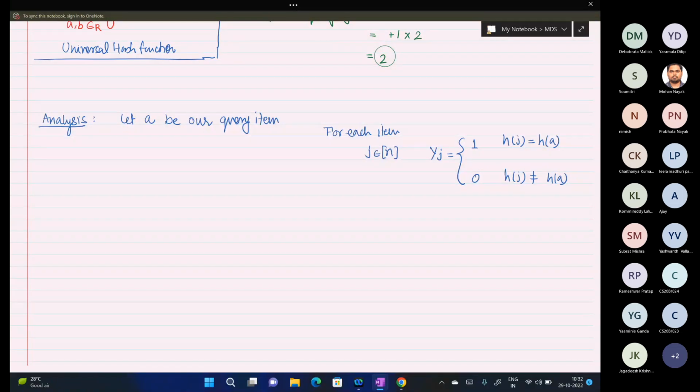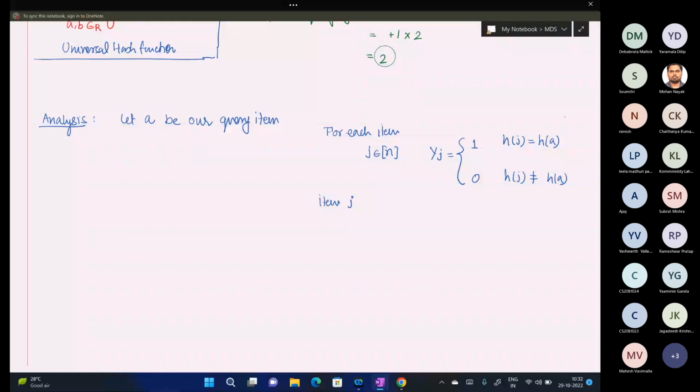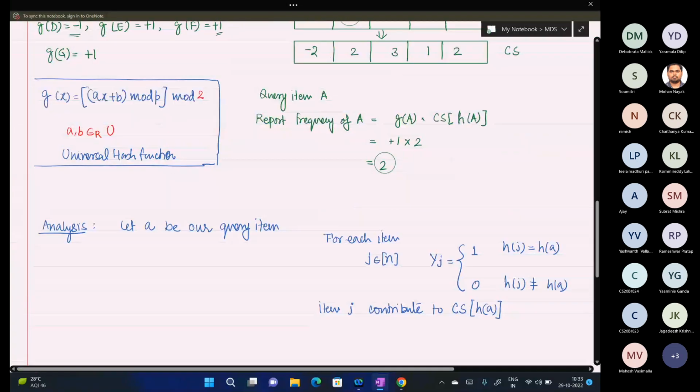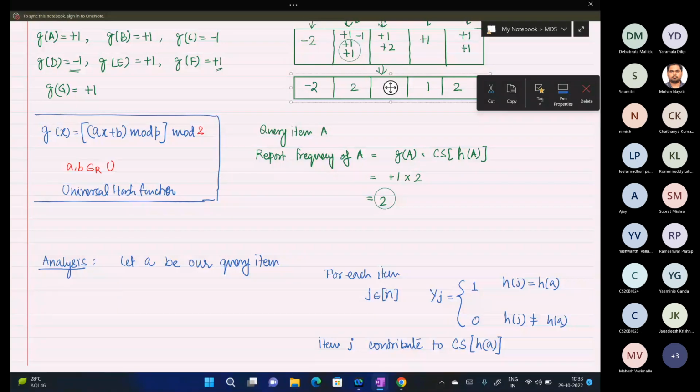So it means that item j contributes to the location in which the ith item, our query item, has been mapped. And suppose I'm using array type notation, so I'm denoting this array as CS, and we fetch some position, some index, like this.